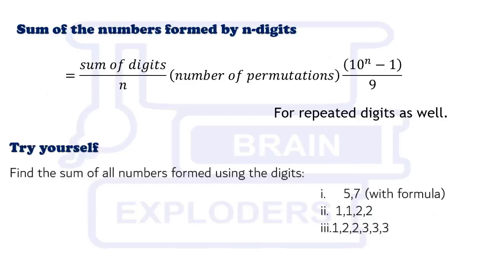Here the direct formula is written: the sum of digits over the number of digits, n is equal to the number of digits here, and then find all the number of permutations, then (10 to the power n minus 1) over 9. Here n is equal to 2 because there are only 2 digits. Here n is equal to 4, means every time the digit is repeated, it should be counted. Try these questions yourself.